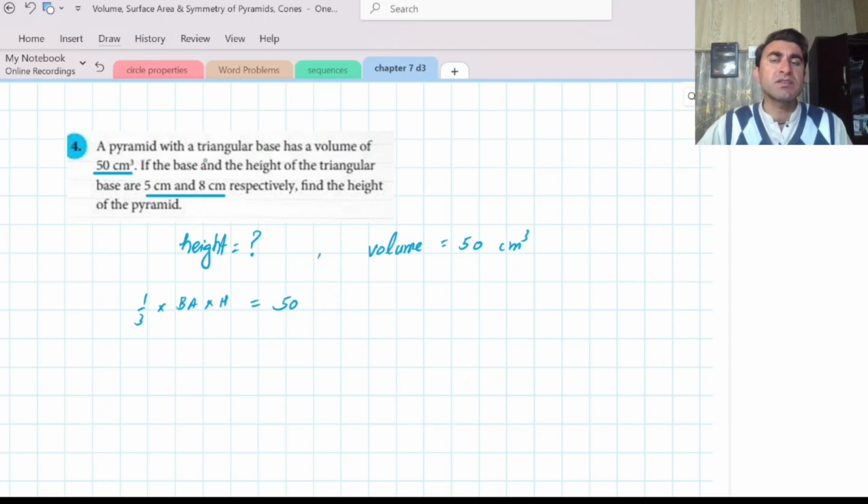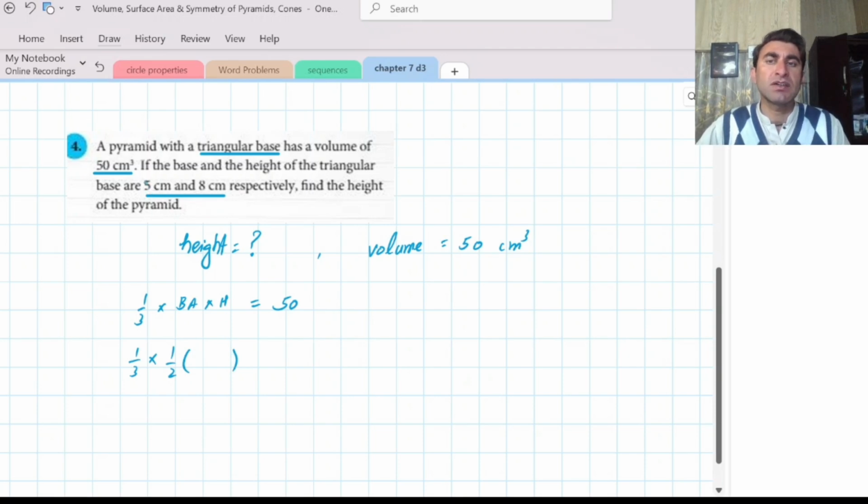The base of this pyramid is a triangular base, and the area of a triangle is 1 by 2 times its base and height, and the base and height of the triangular base were given as 5 and 8 centimeters. So it will be 5 multiplied by 8 and multiplied by the height of the pyramid represented with the capital H, and it equals 50.